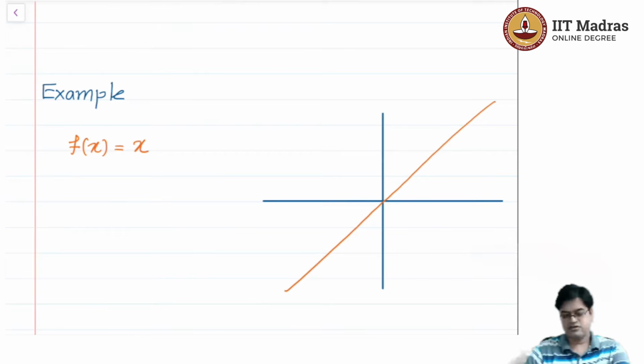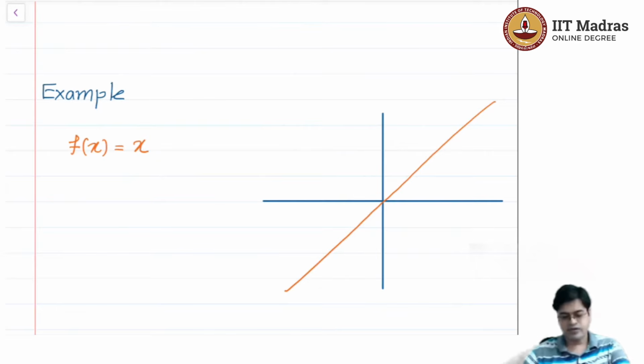Yeah, you have to pass a vertical line first. So start with f(x) is equal to x, take a vertical line which is the y-axis, slide it to the left, slide it to the right. Do you see anywhere it has more than one point? No. So it's a valid function. Then take a horizontal line, pass it from top to bottom. See if you are getting any two points together on that line.